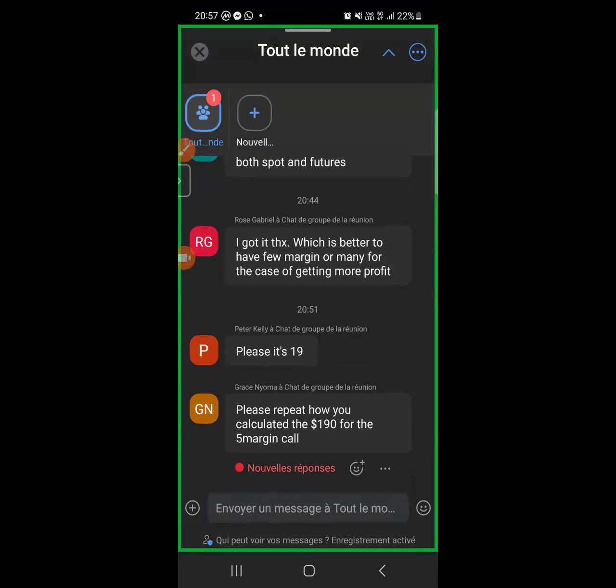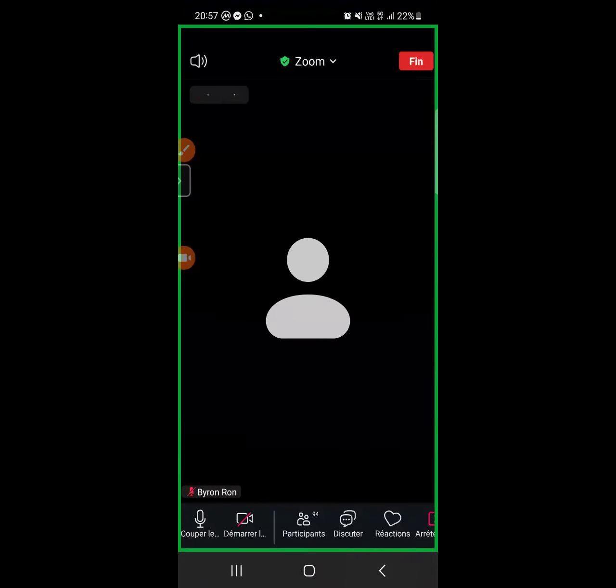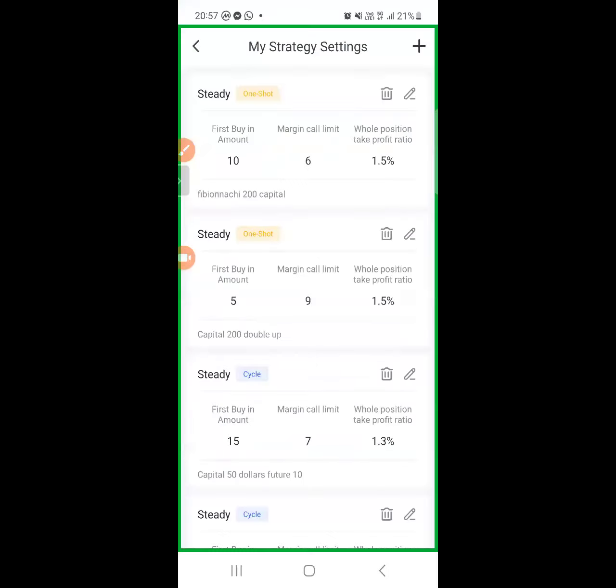Now, I want to reply to 1 or 2 questions. I got it, thanks. Which is better, to have few margin calls or many, for the case of getting more profit? If your money can allow you to use more margin calls, as I said, ladies and gentlemen, you have put either 5 or whatever margin calls it is. Okay, and the coin is dipping down and the robot has stopped the margin calls. If you have money, you add the fund, you buy it, you have nothing to lose because it means the coin is getting cheaper than what you expected in the market.